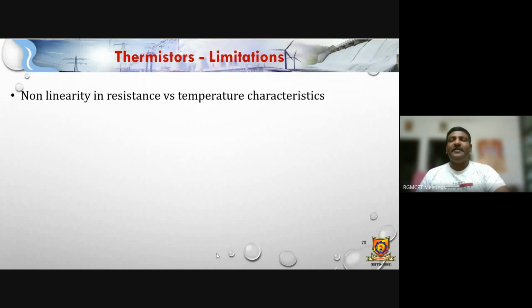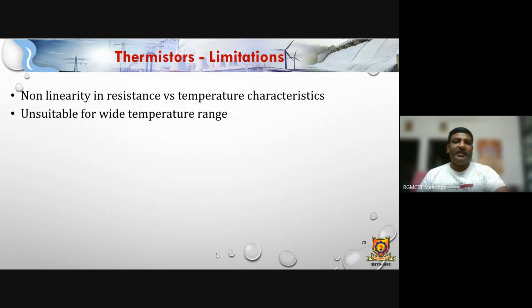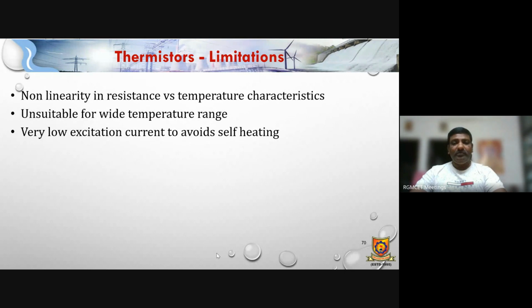And the limitations: the characteristics are non-linear with respect to temperature. That is one thing. They are unsuitable for wide temperature changes. From minimum to maximum, there are certain restrictions, so we cannot operate this over wide ranges of temperature. Very low excitation currents are needed to avoid self-heating.